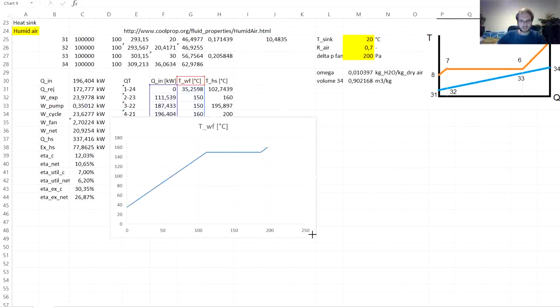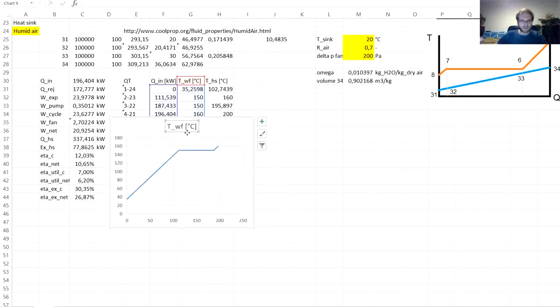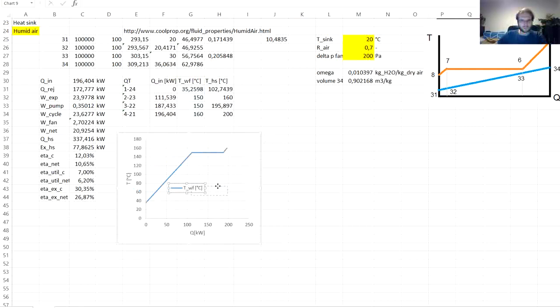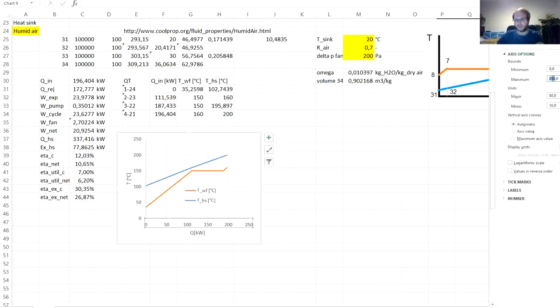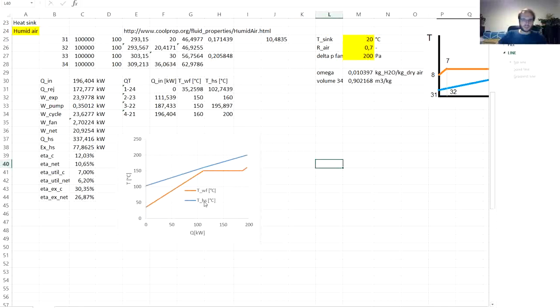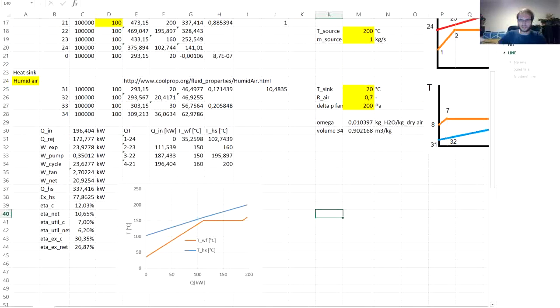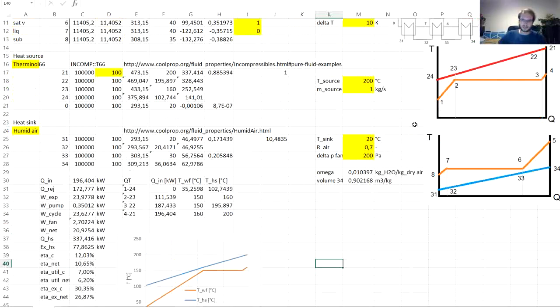Let's get it into some nicer shape. And as we have the data row for the working fluid, we can also get the second data row for the heat source. Okay, so we can see that the temperature heat diagram indeed looks like what we have drawn illustratively here.